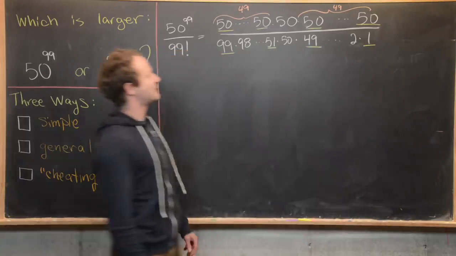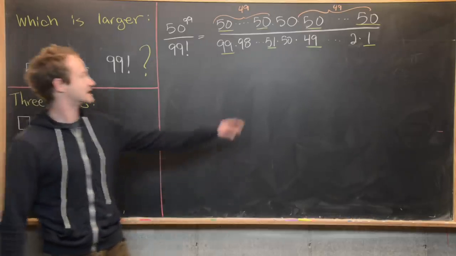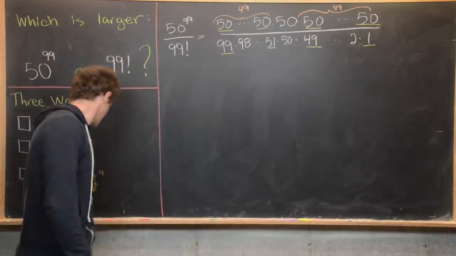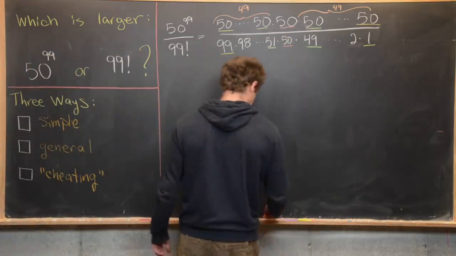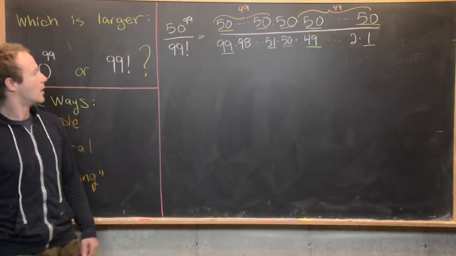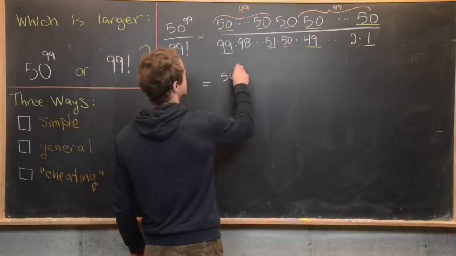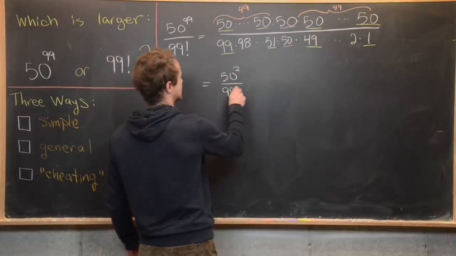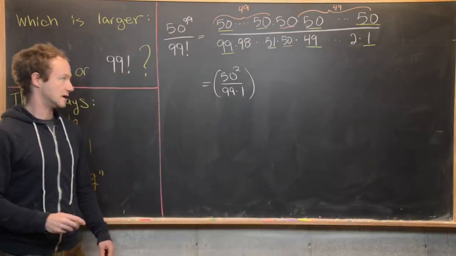Using that strategy, I've used everything in the denominator except for this middle term. That's really good news, because we can group this middle term with the middle term in the numerator, and those divide out to equal 1. Okay, so now let's write what we've got. We've got 50 squared over 99 times 1, that's what's underlined in yellow.